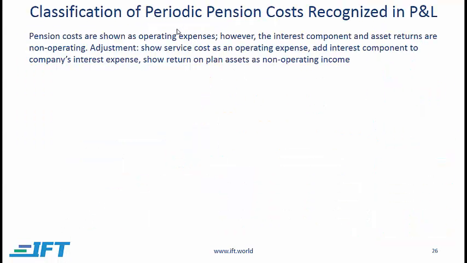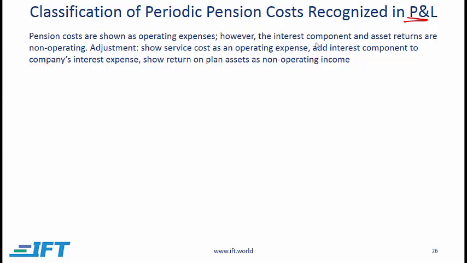So far we have talked about the allocation of pension costs between other comprehensive income and the profit and loss statement. Now we will look at the classification of pension costs which are recognized in the P&L. Pension costs are shown as operating expenses.